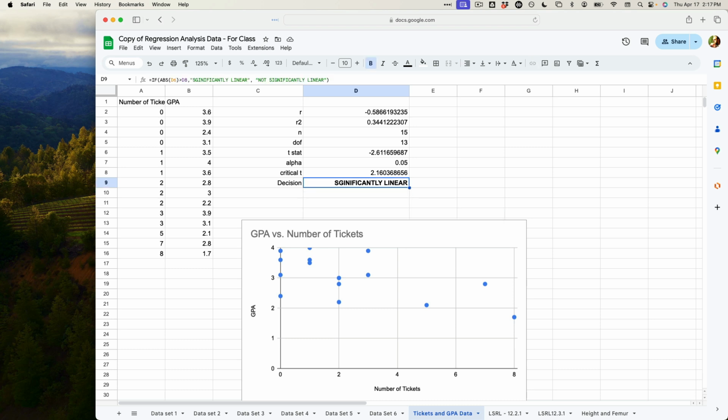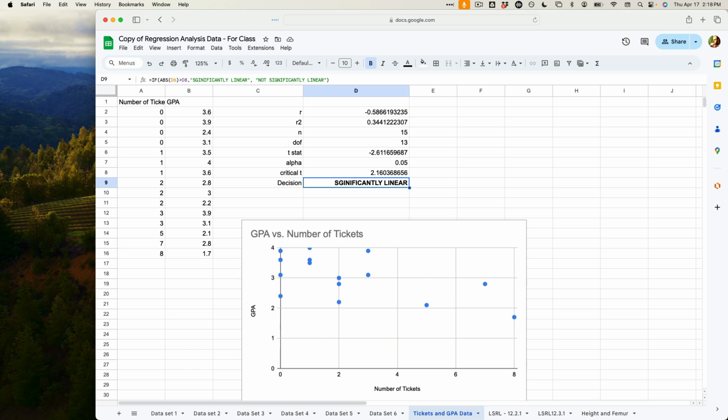So from here onwards, we are not going to proceed with any regression analysis unless we are significantly linear. Regardless of r, which might be 0.3, based on your significance level it might tell you it's significantly linear. So you take that and move on and do the regression analysis.